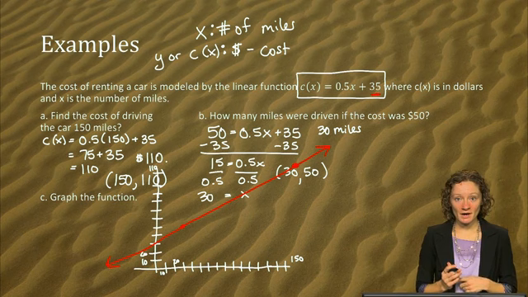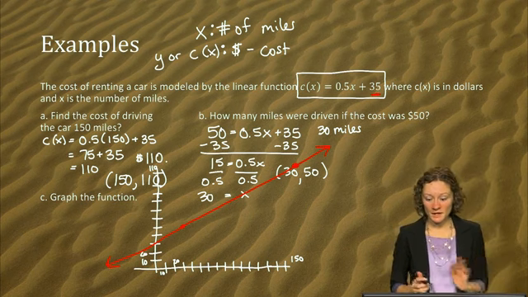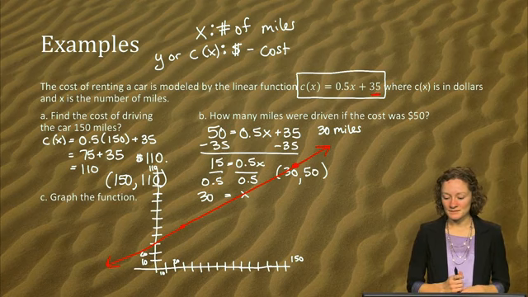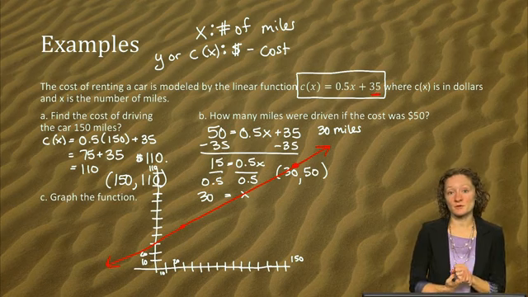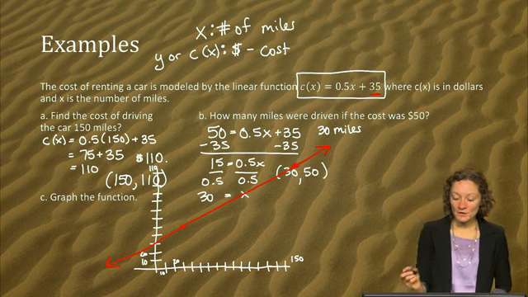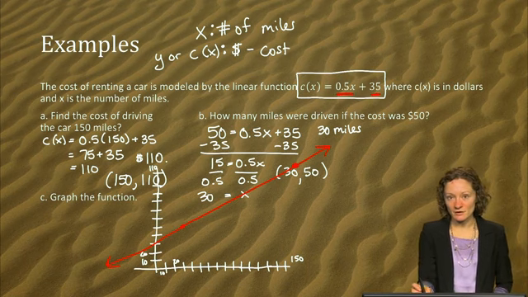Whether you drive it 0 miles, 100 miles, 150, 1,000, 3,000, however many miles you drive it, you're paying $35 for the wear and tear that's going to happen to their car. And then you're also going to pay 0.5 times every mile that you drive.